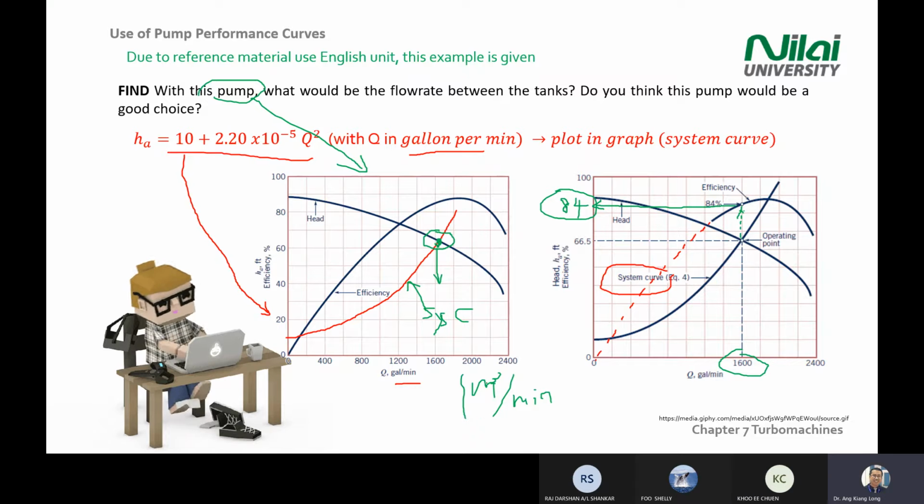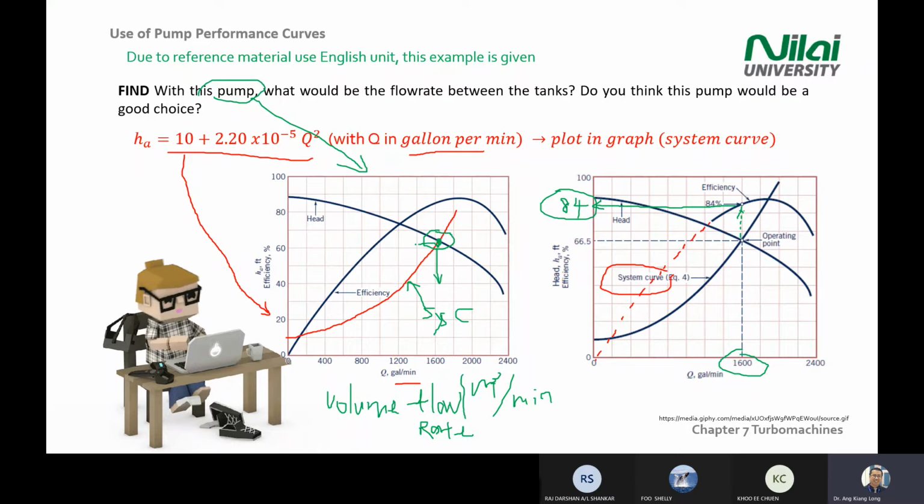Volume is in meter cube, but when you take volume divided by time, what do you get? Volume flow rate. Okay. So Q, you project down, you get this one.